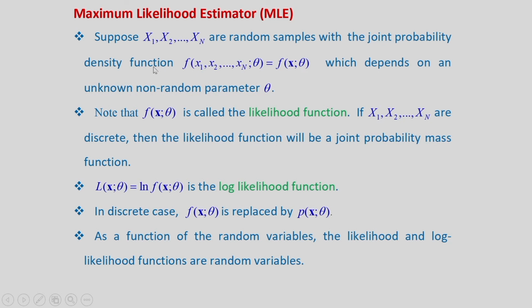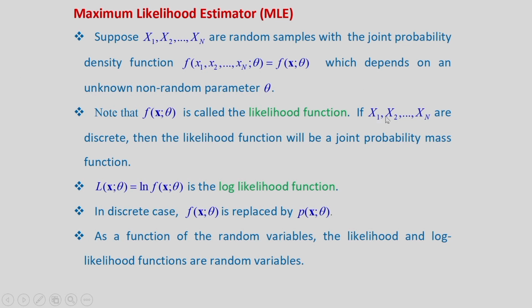So, this is the probability density function, and it depends on an unknown non-random parameter theta. Suppose we are considering only the single parameter case. And we know that this f of x theta is called the likelihood function.